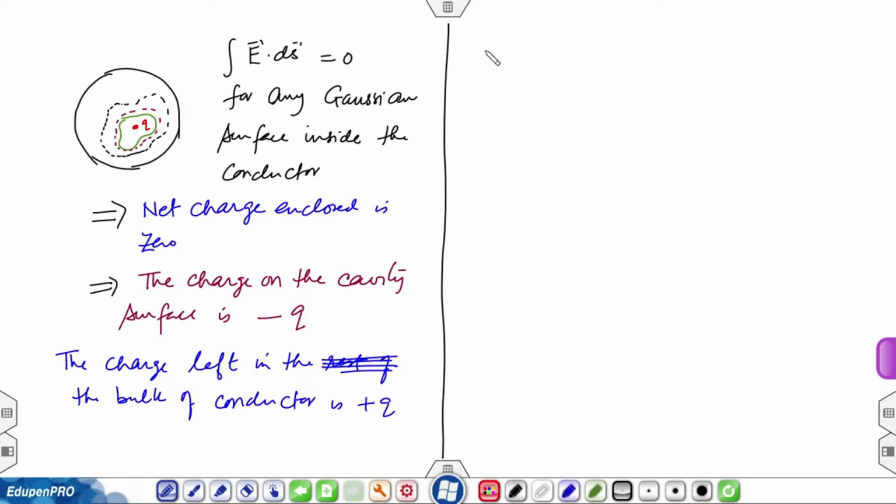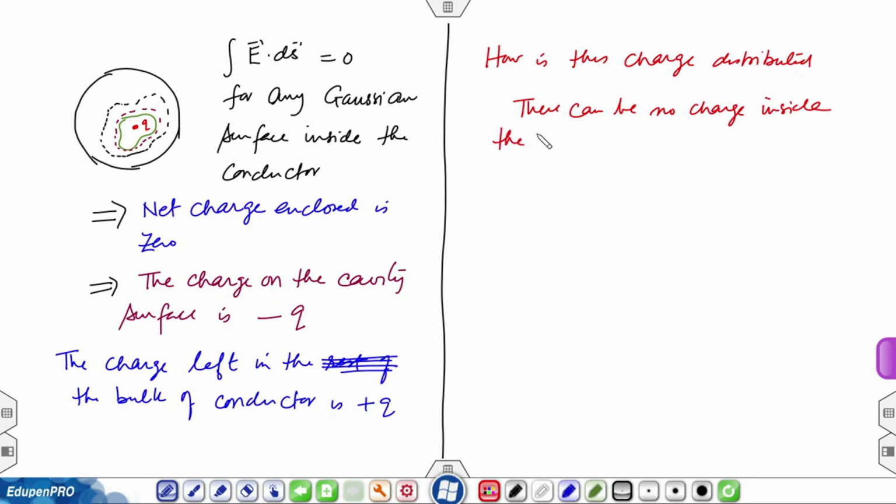Question is, how is this charge distributed? Remember, what we learned earlier is there can be no charge inside the bulk. Number 1.